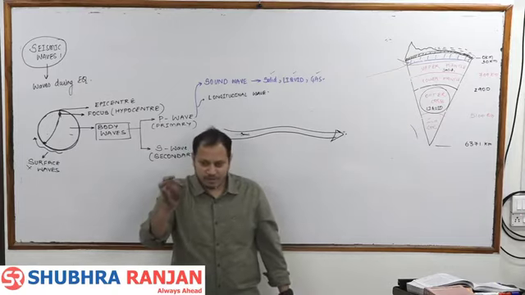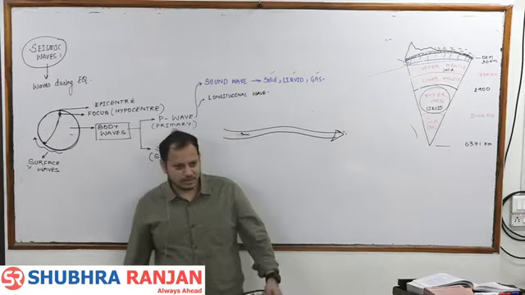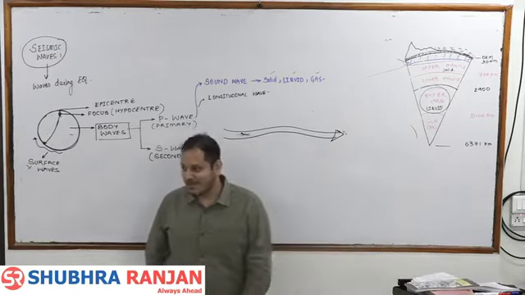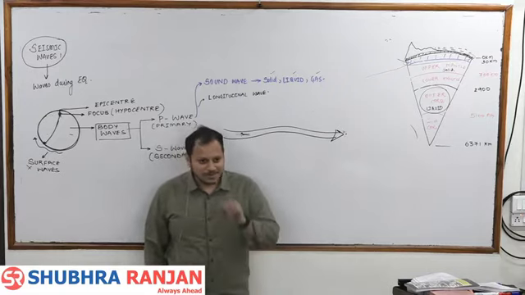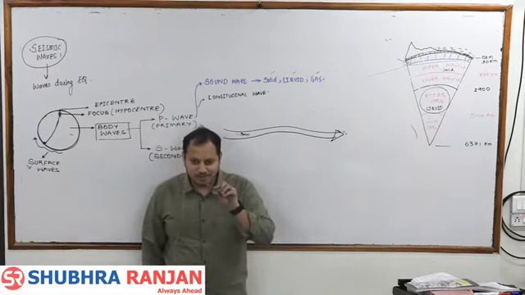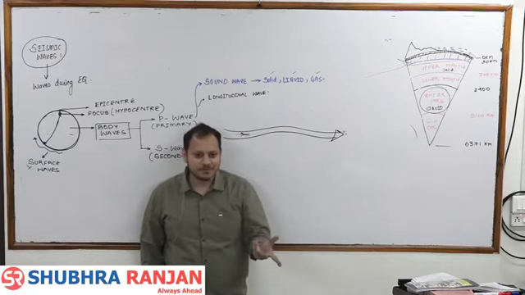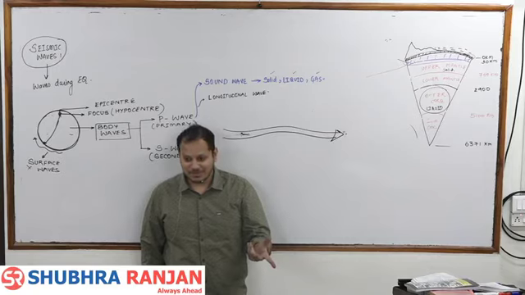Has any one of you experienced an earthquake or tremors? What happens? First of all, a weak tremor comes. In it, does the fan move like this or like this? That is the P wave. Did you experience an S wave? How did you know it was an S wave?